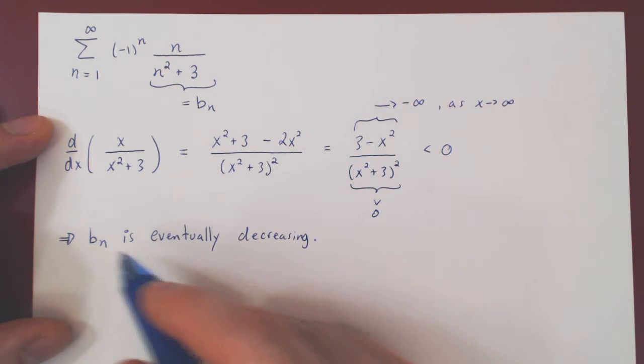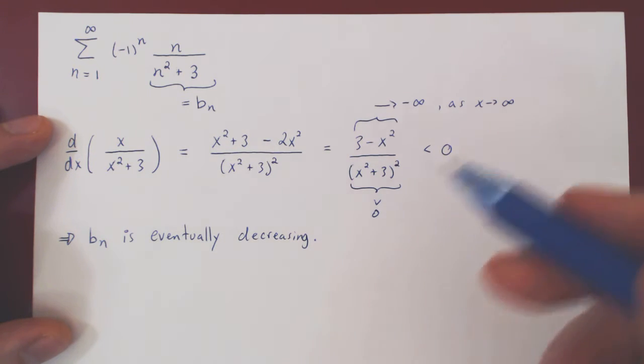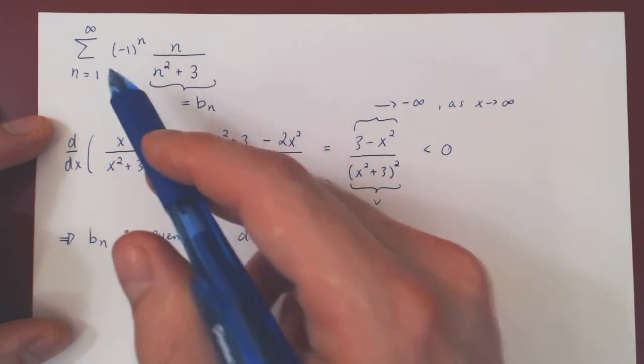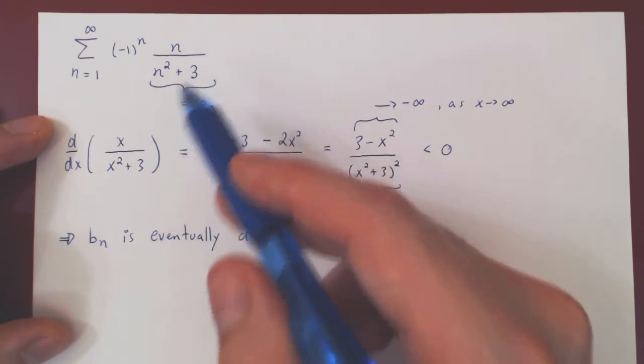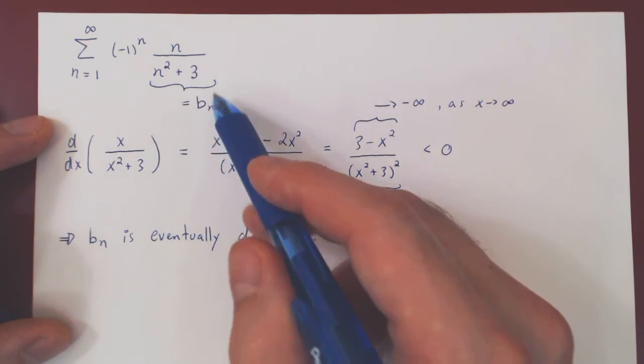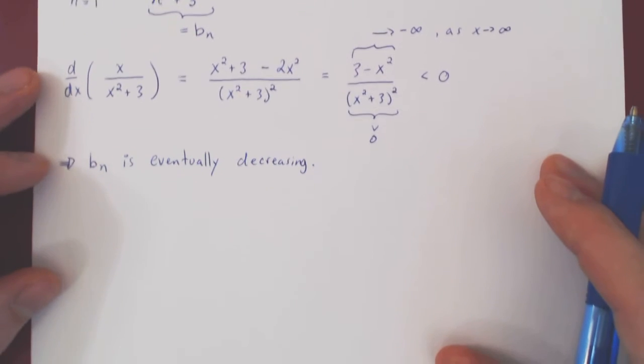And the other property that Bn must satisfy that we have overlooked so far is that Bn must be positive, but this is clear as n goes from 1 to infinity. N over n squared plus 3 is positive, and we have to prove that as n tends to infinity, Bn shrinks to 0. Well, let's see.